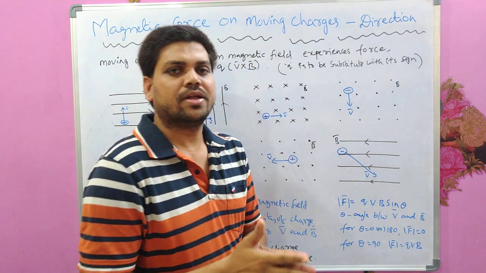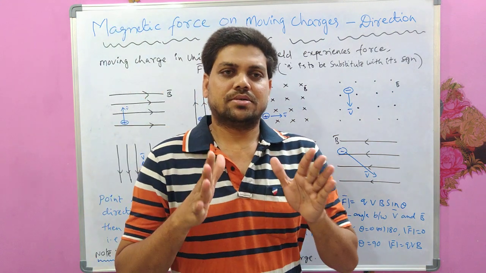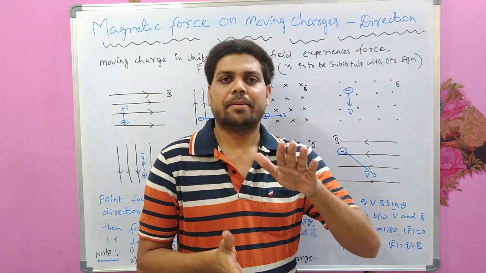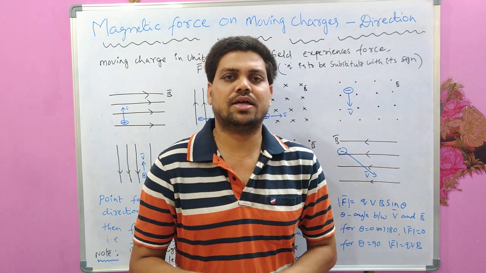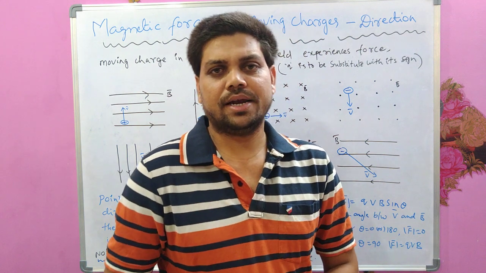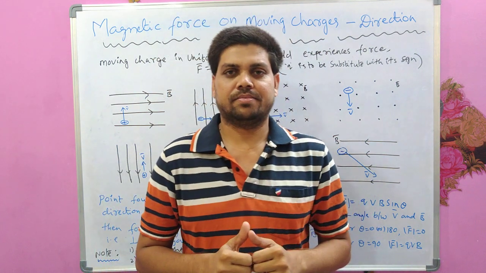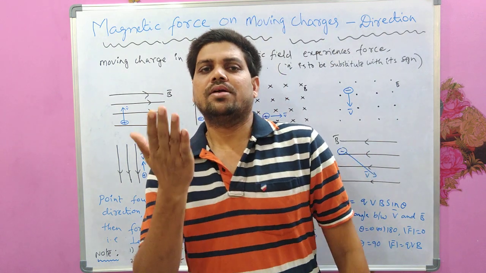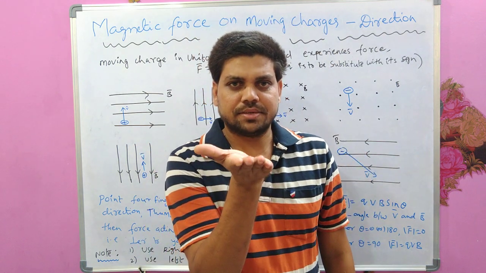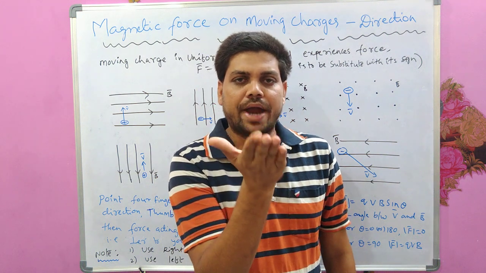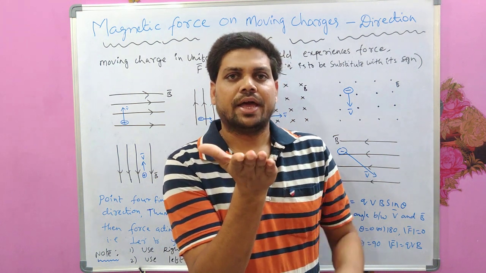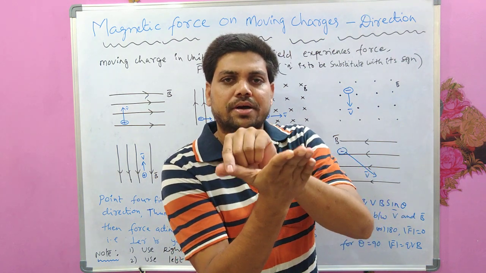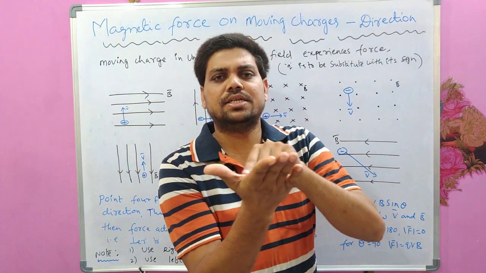So in this lecture, I am going to explain how to predict the direction of the magnetic force acting on a moving charged particle in a uniform magnetic field. For that, take your hand like this and point your fingers in the direction of the magnetic field and your thumb in the direction of the velocity of the charged particle.